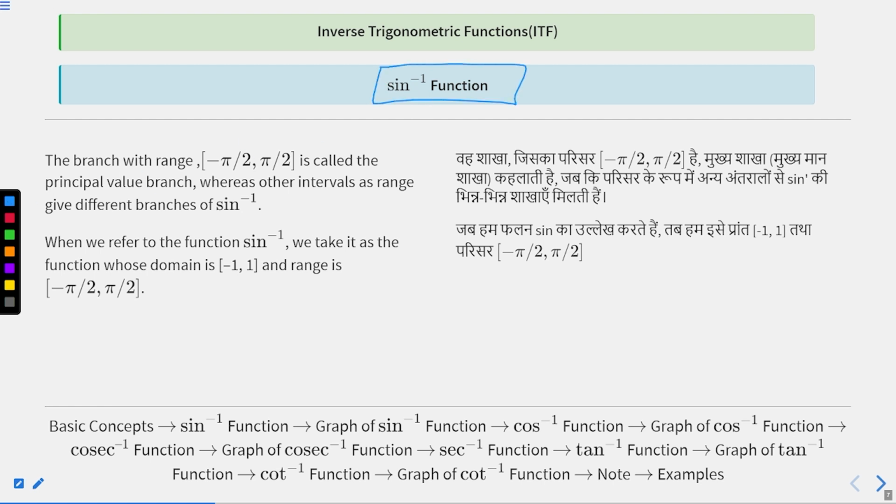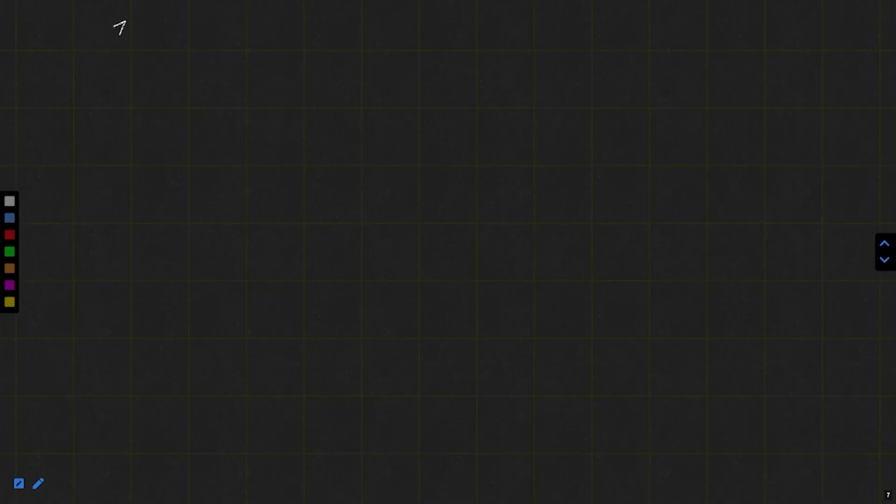So the sine inverse function, how are we going to define it? Before starting with this, it is an inverse function.